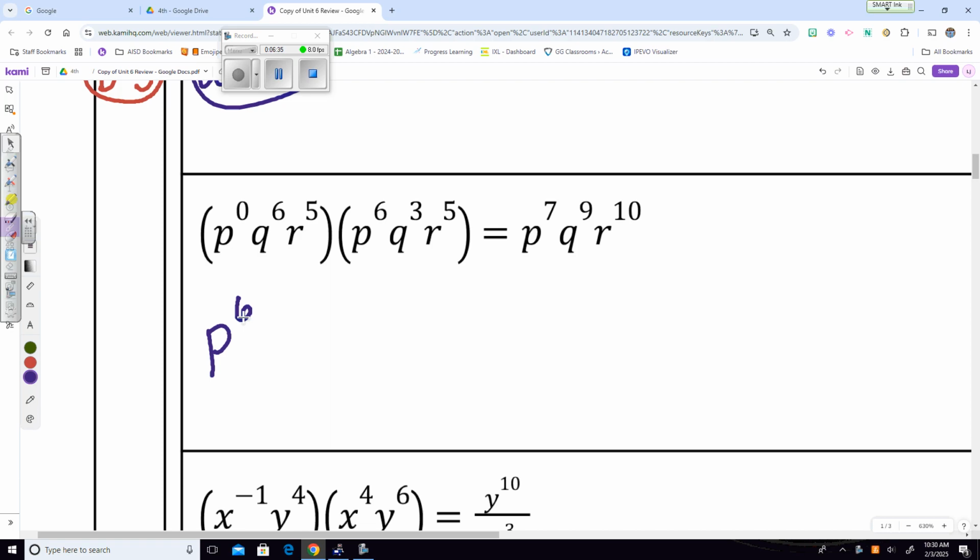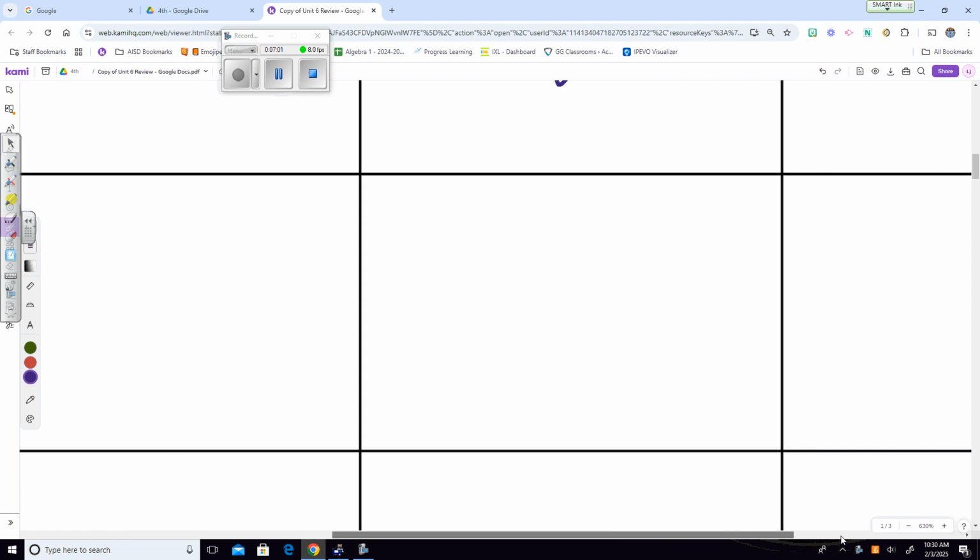Do you have q's in both monomials? Yes. So add them. What's 6 plus 3? 9. Do you have r's in both monomials? So what do? Add them. And 5 plus 5 is 10. Are these two equivalent? No. So you're going to check off not equivalent.